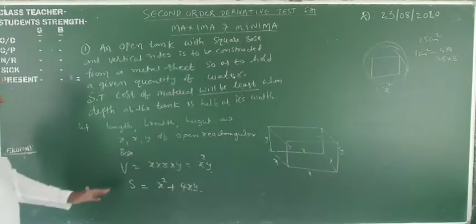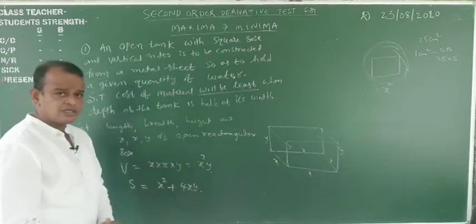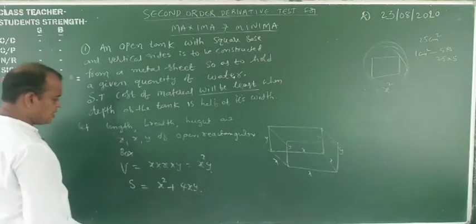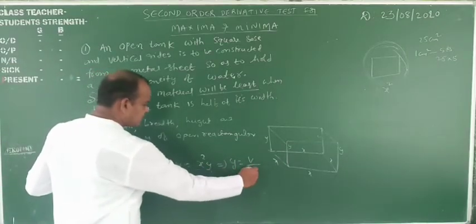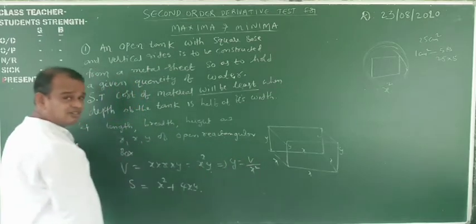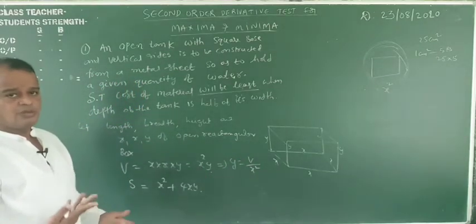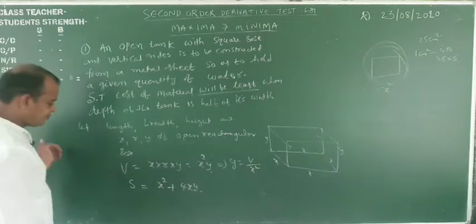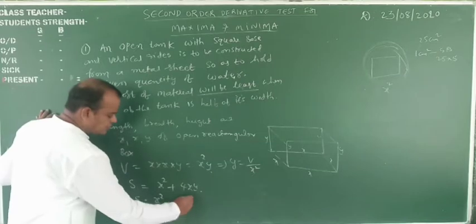Now this is the least, which means the second order derivative must be positive. From here, y is equal to v by x square. Here v is the constant, since the water kept inside the tank means volume is constant. Now S is equal to x square plus 4x into y.